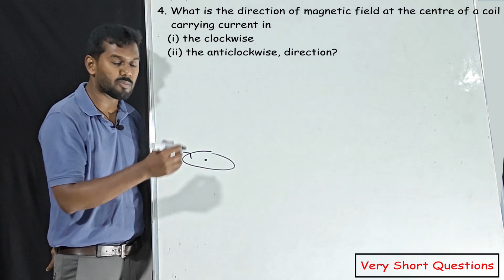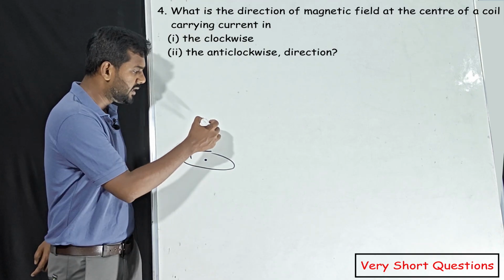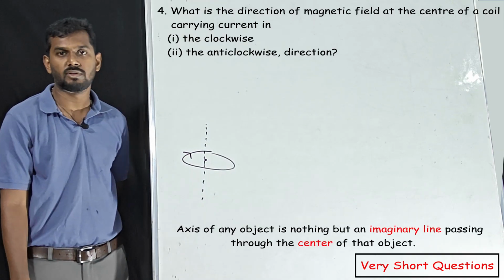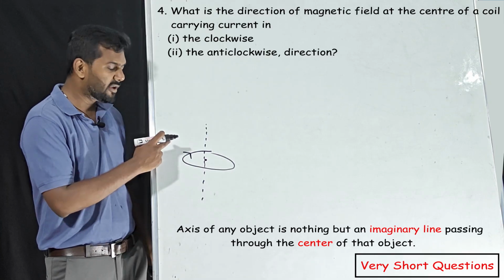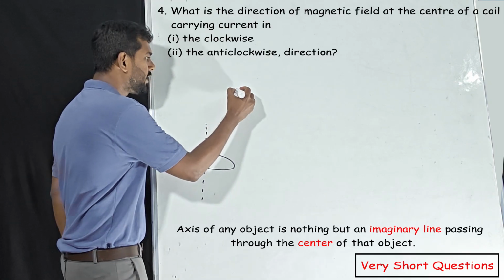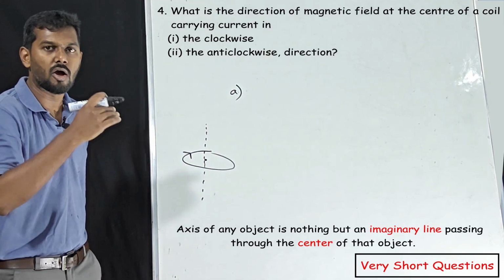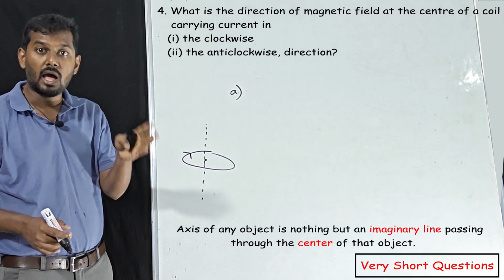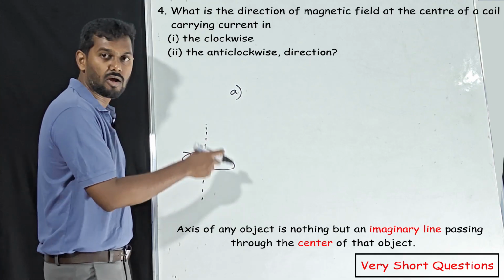See, this is very much important. Center of the coil means they are talking about the axis of the coil. Now listen, if it is clockwise, this is what you are going to write: the direction of magnetic field is along the axis of the coil.